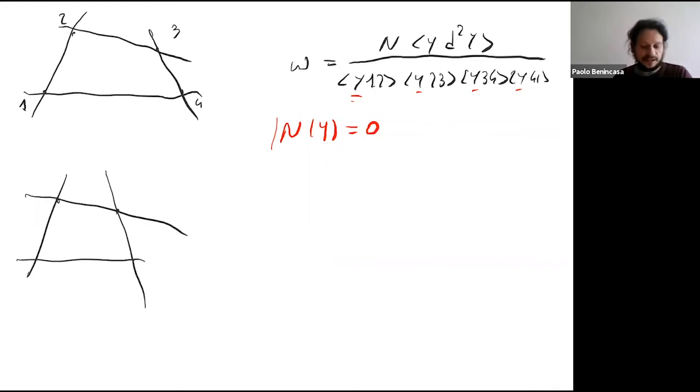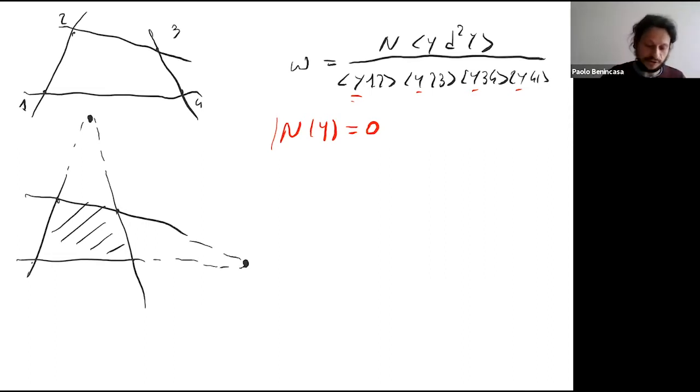The vertices are given by where the planes identifying the boundaries intersect, and then you take all the interior. However, they also intersect outside the polytope. I can prolong this and intersect here, and I can prolong this and this, and they intersect here.